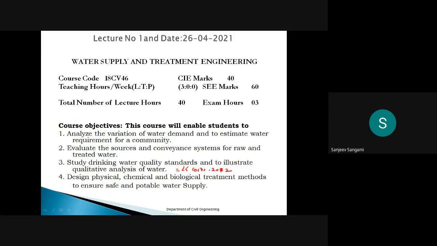I already said that more than 24 parameters are listed in the standards. All the parameters we have to study in the fourth objective, which has to be achieved for this subject.